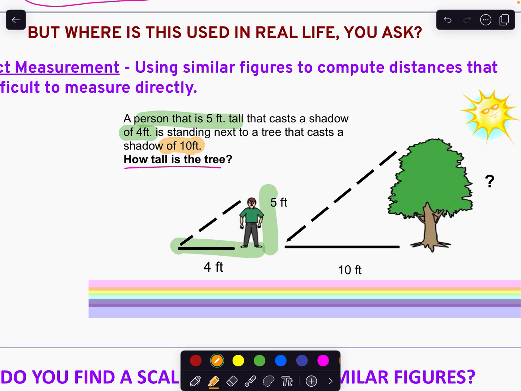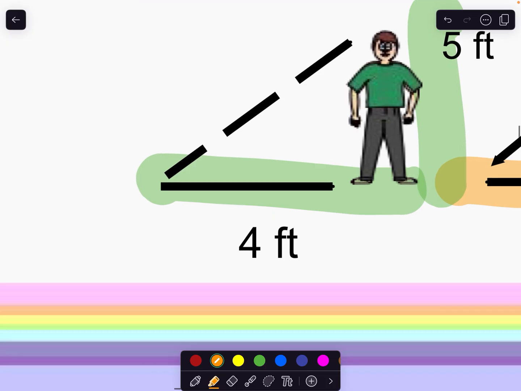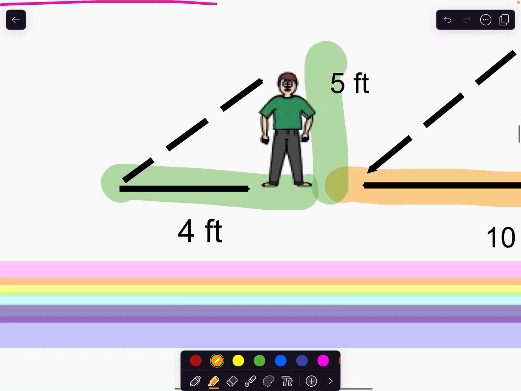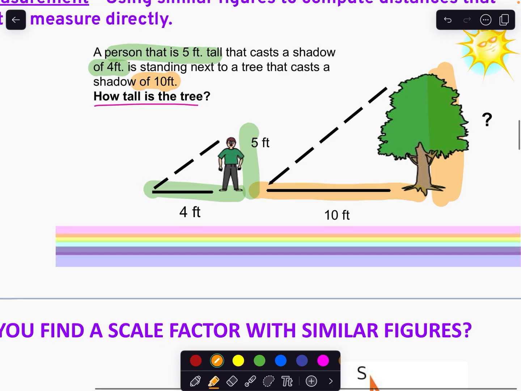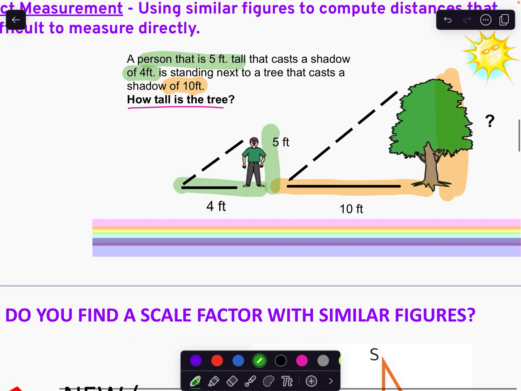Over here, the tree has a 10-foot shadow, and I'm trying to figure out how tall this thing is. If you know how tall you are, you can at least estimate or maybe even measure your shadow, and you can measure the shadow of a tree or some other large thing. You have 3 out of the 4 pieces for a proportion, and you could pretty closely get the height of that tree. So I'm going to take the height of the person over the height of the tree.